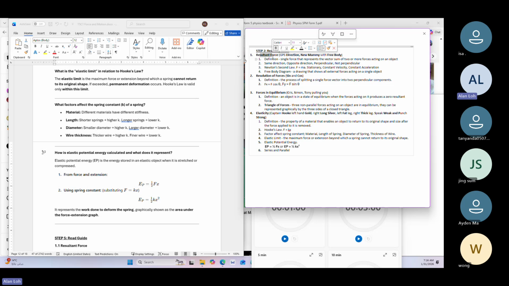You get your SPM result, or you get your A-level result. Then this year's resolution is equal to last year's resolution. So you have drawer number 2 and drawer number 3 in that sentence: resolution forces and forces in equilibrium. To become what? To become a plastic woman or plastic man, right? That is elasticity.